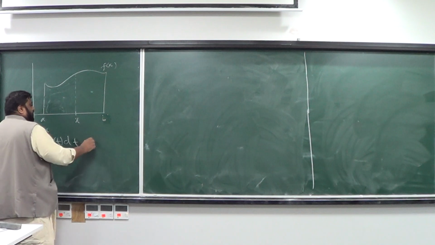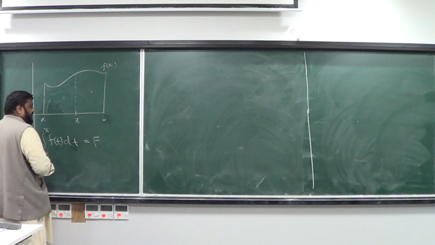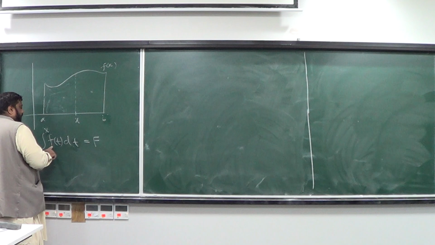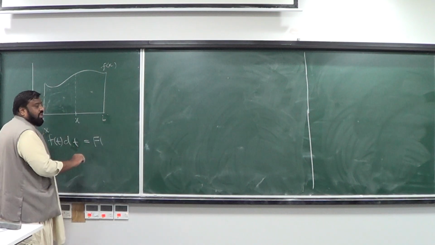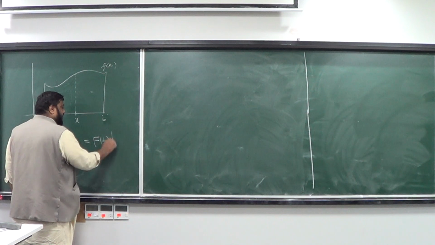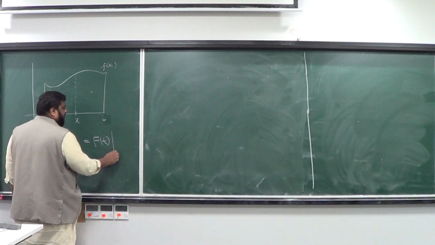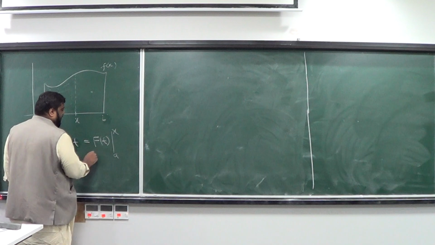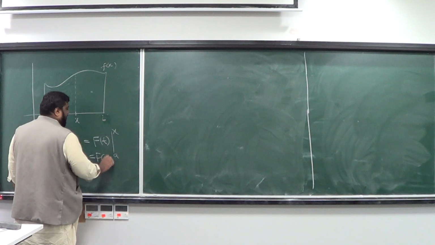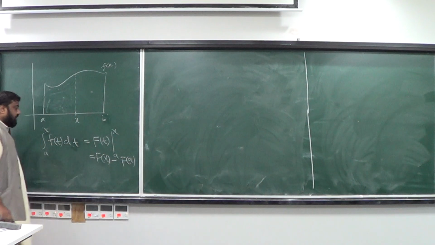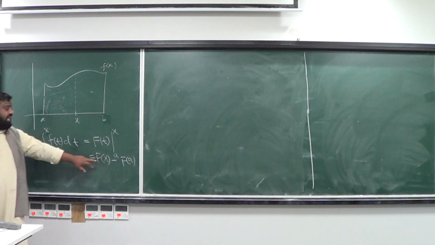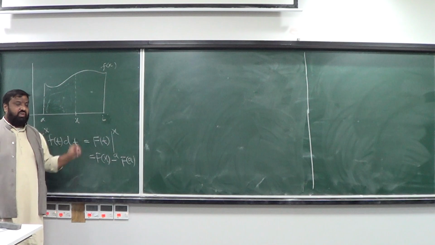For this small f, we need to have the antiderivative, and then in that antiderivative we substitute a and x, and hence we get capital F of x minus capital F of a, where x is an arbitrary point between a and b.